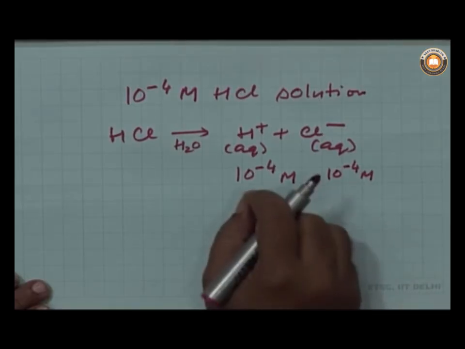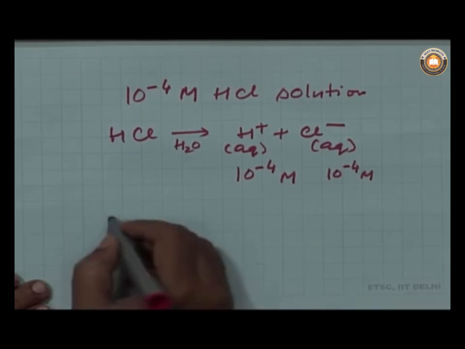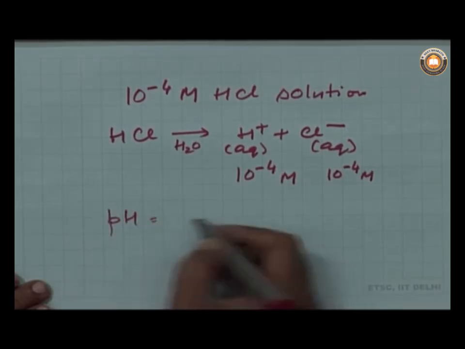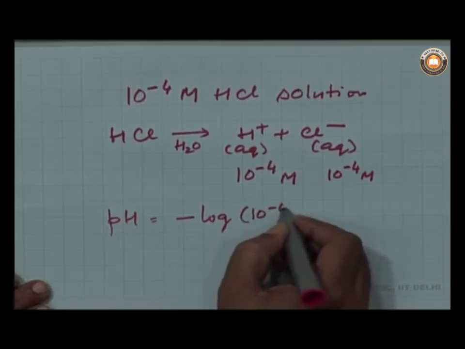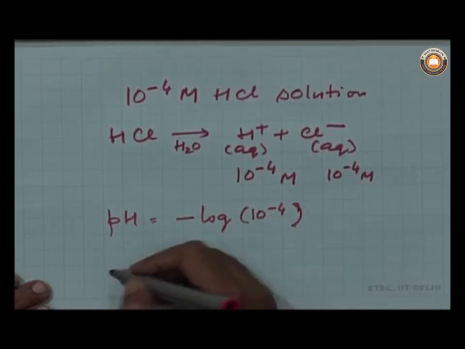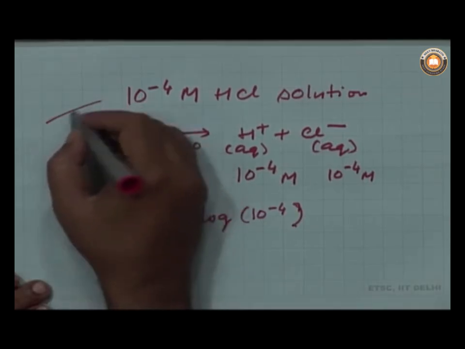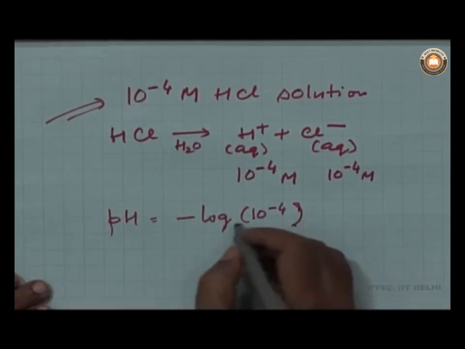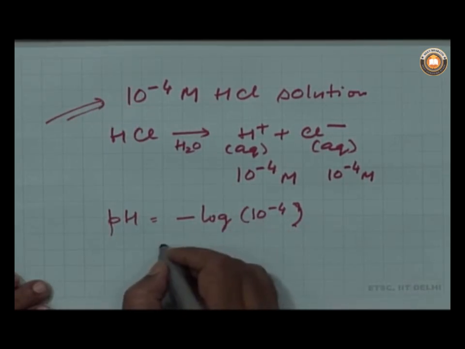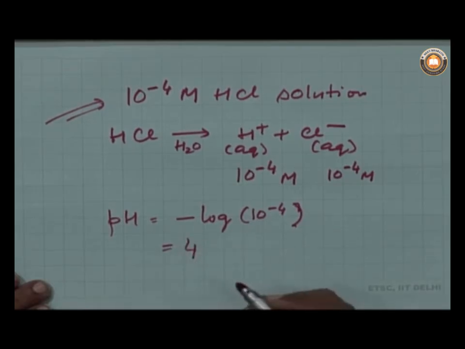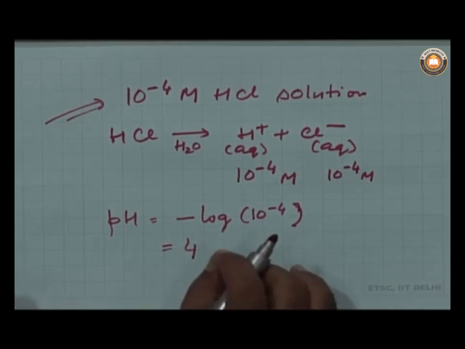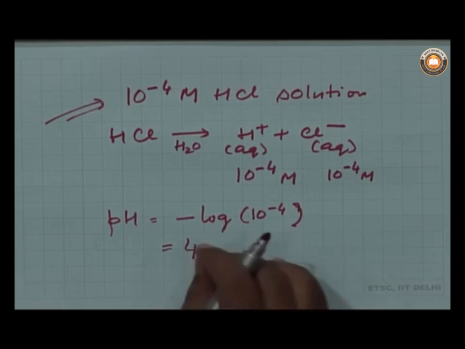And so, pH will be simply equal to minus log 10 to the power minus 4, since this is a dilute solution, and so we can simply write pH is equal to 4.